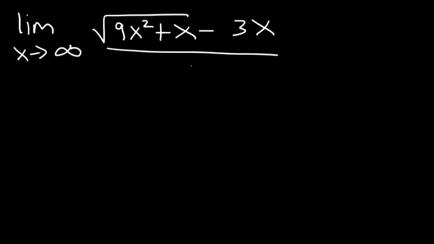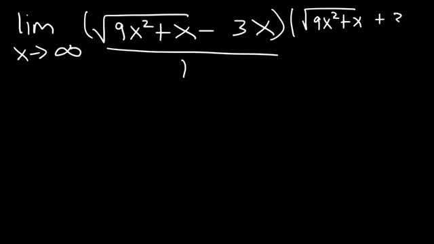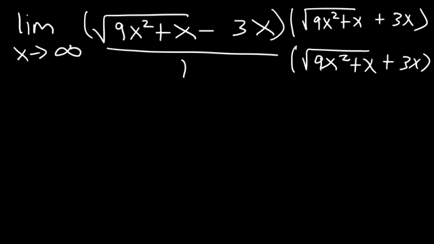The first thing you should do is write this as a fraction, put it over 1, and then multiply the top and the bottom by the conjugate. That is the square root of 9x squared plus x, plus 3x. So when we FOIL the binomials on top, the two middle terms will cancel.